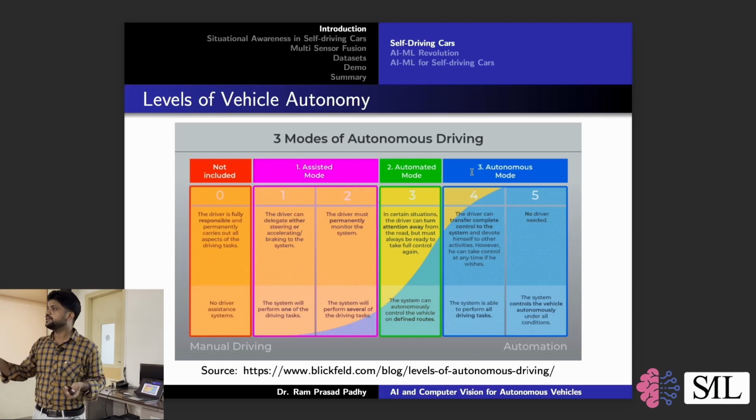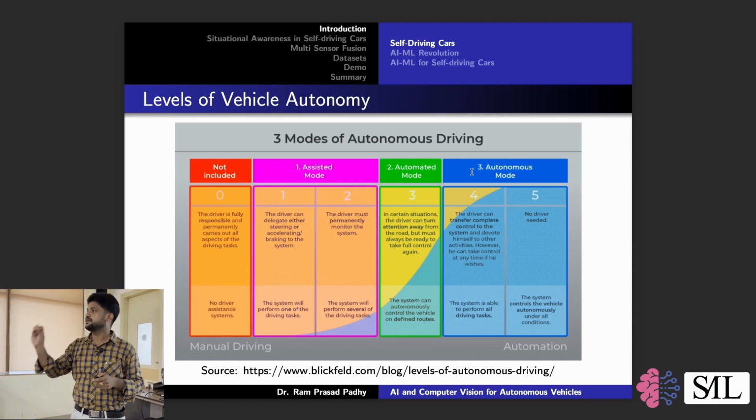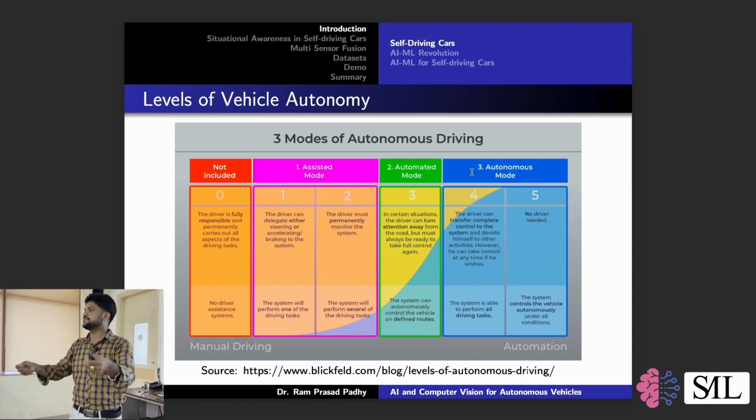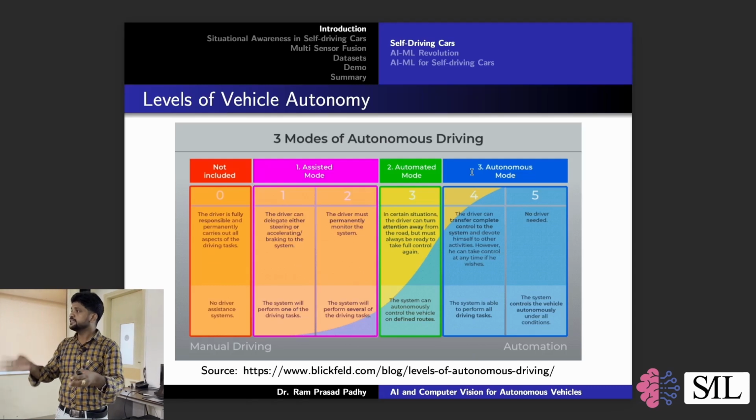It can perform all the driving tasks, but it is not fully capable of doing so, so the driver keeps an eye on it all the time. Anything can happen. The driver handles the steering just to see whether everything is going okay or not. If everything is going okay, then he just sits like that. If not, then he has to take over. So that is where level 2 autonomy comes.